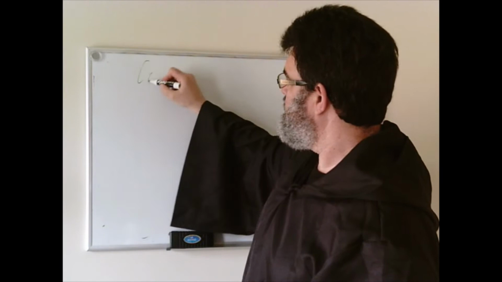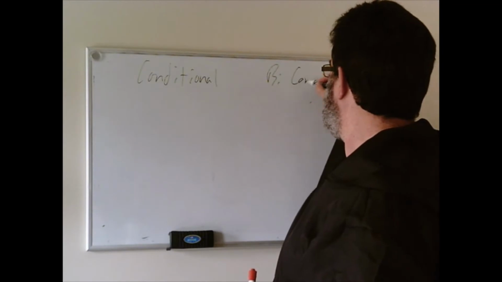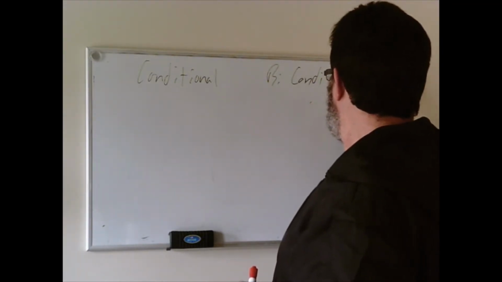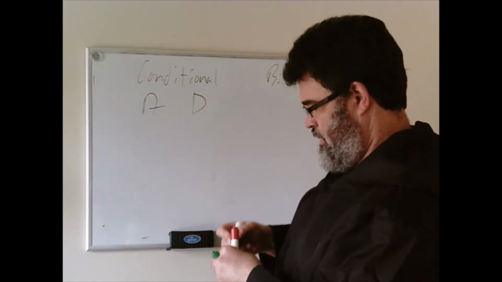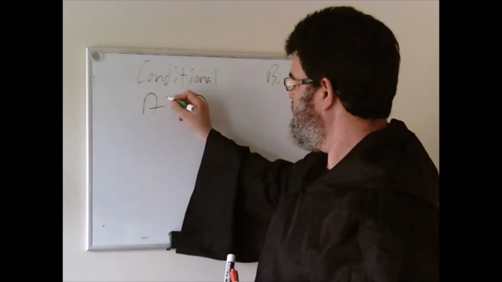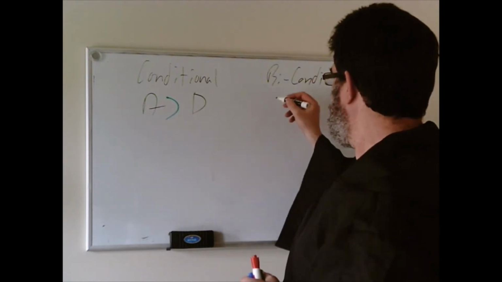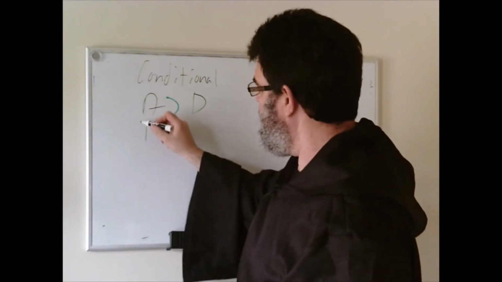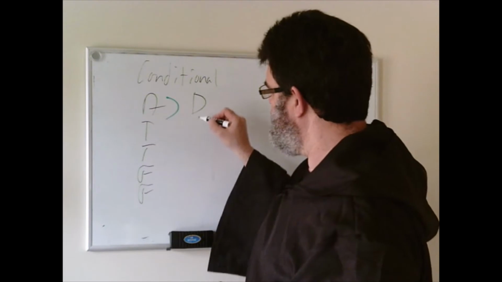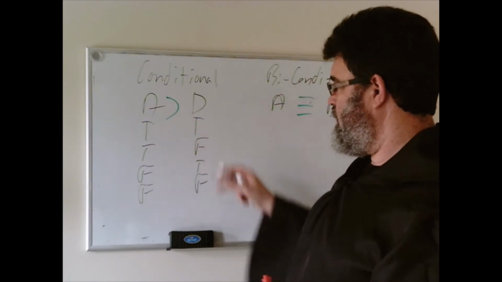What about my other 2 operators? A conditional and a biconditional. If I have if A then D, and then I'll just go ahead and get this out here, A if and only if D, again, following the same convention, half true, half false, and then alternating.